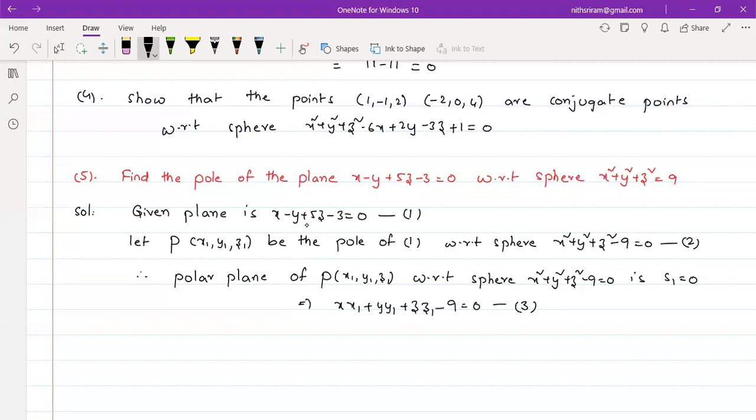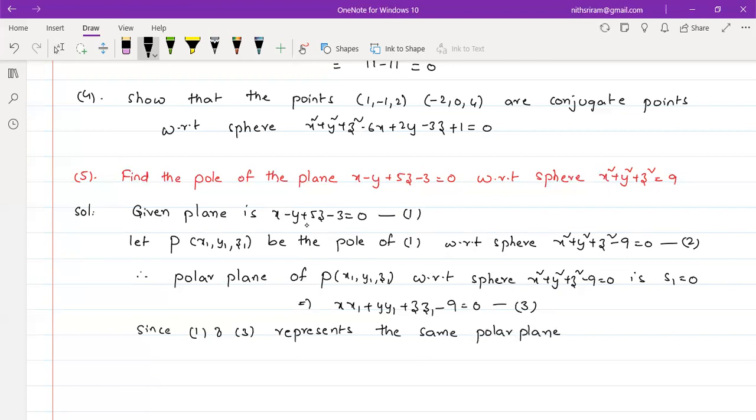Already we have one plane equation, that is x minus y plus 5z minus 3 is equal to 0. It means we have two plane equations. So I am writing since equation 1 and equation 3 represent the same polar plane. Why? Because both are polar planes.